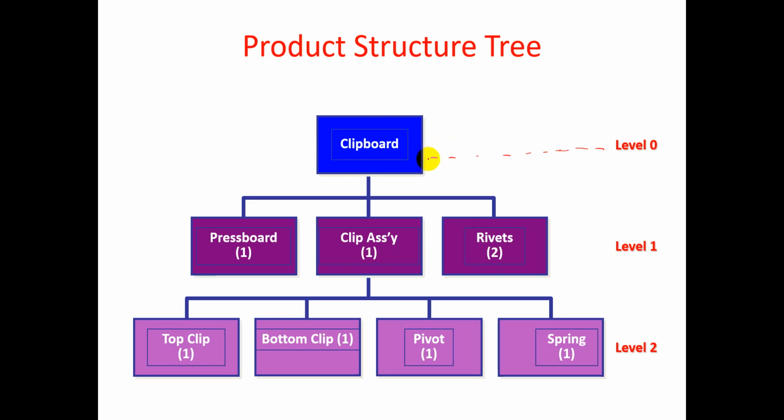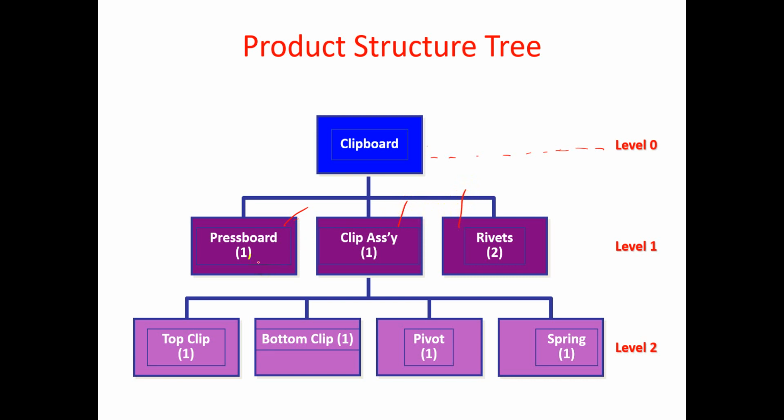Okay, there are no next branches from that. But if you disintegrate the clipboard at level 1, the topmost part is the press board, then the clip assembly, and the rivets.